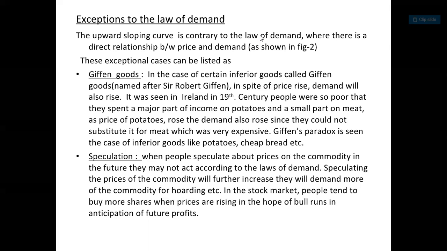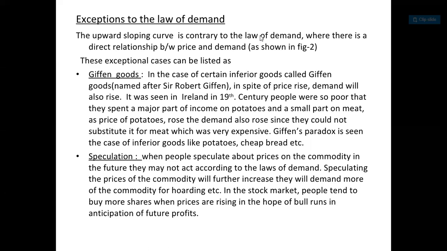Like Giffen goods. Giffen goods are a special kind of inferior goods on which the consumer spends a large part of his income, and their demand rises with an increase in the price and falls with a decrease in the price.